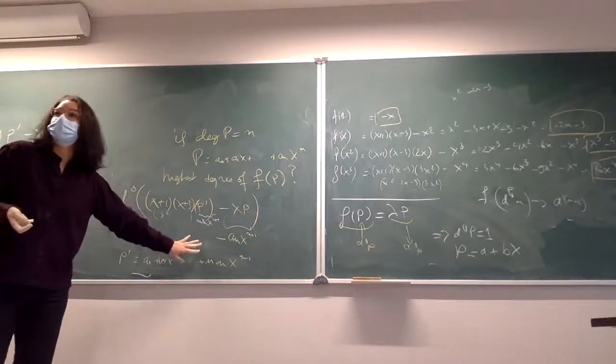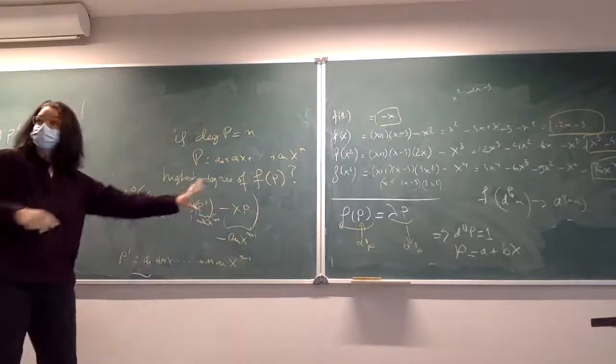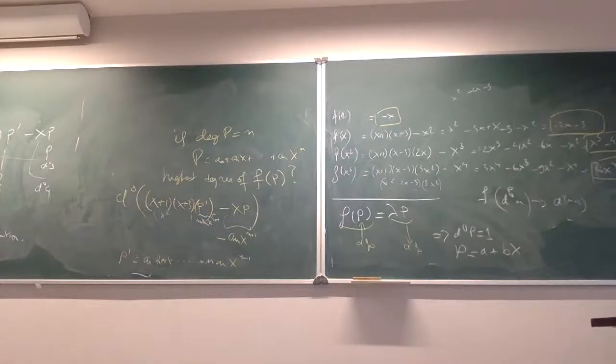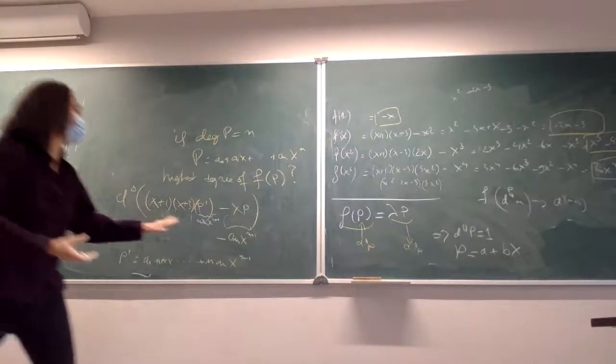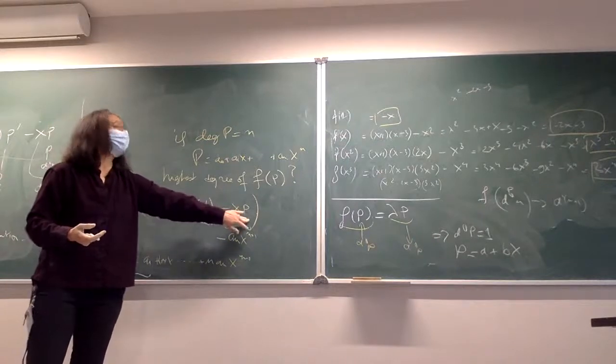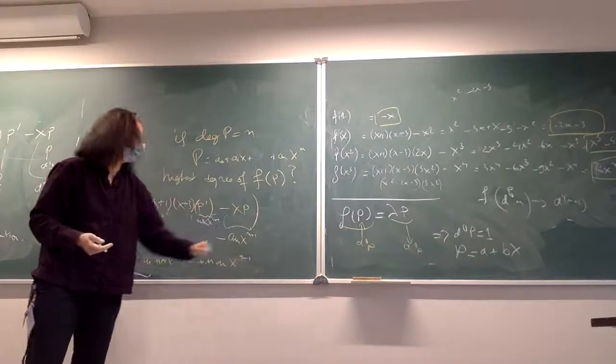Yeah, I haven't finished. The degree of a polynomial is the degree of its highest order term. So what's my highest order term here? x times An x^n, so I've got An x^(n+1).